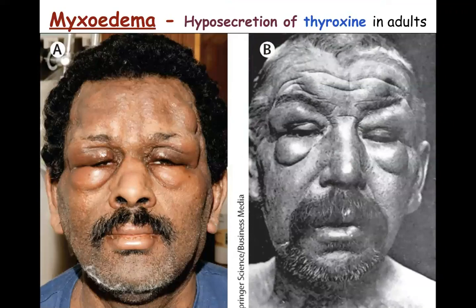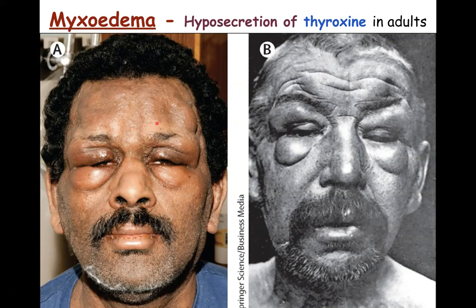The third is the undersecretion or hyposecretion of thyroxine in adults. It's called myxedema. In myxedema, there is puffiness produced around the eyes. There is salt and water retention, due to which a person will display edema, that is swelling of hands and feet.